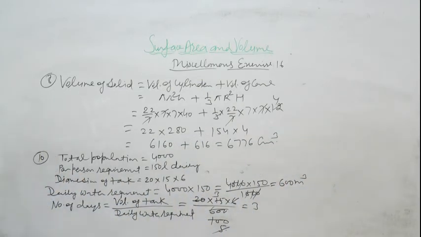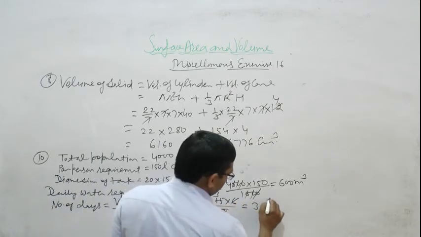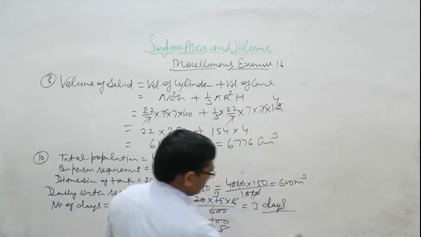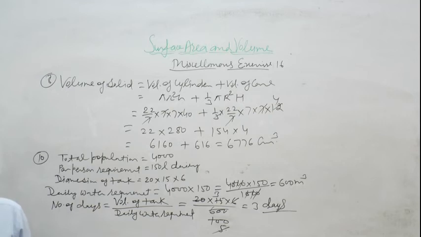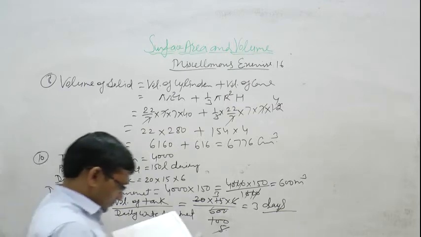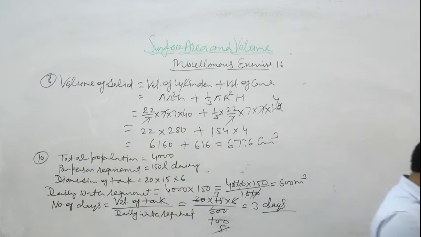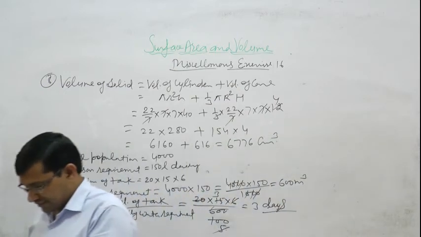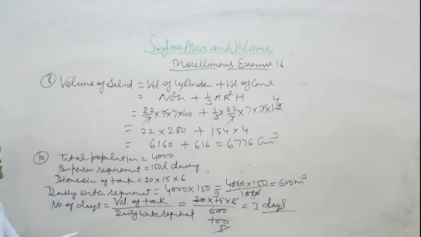Number of days 3 days. How many days? 3 days. So water is sufficient for 3 days. How many days water of this tank will sufficient? 3 days. So number of days we get 3.